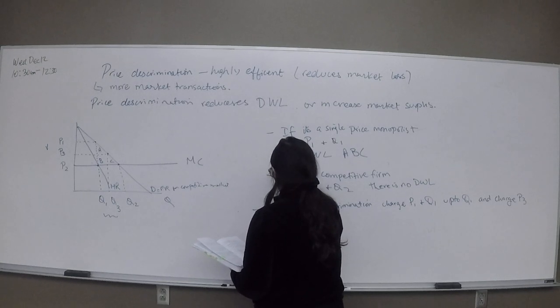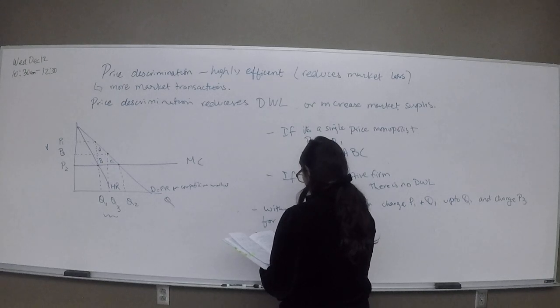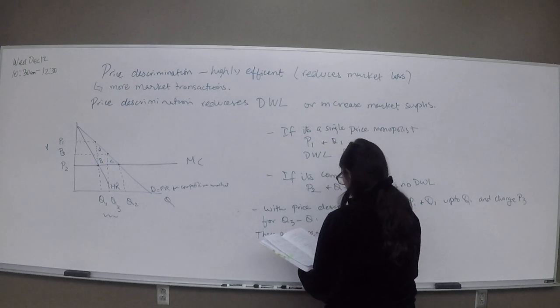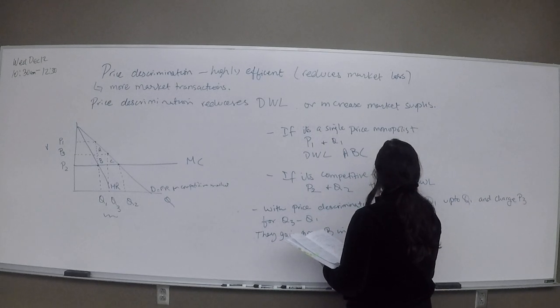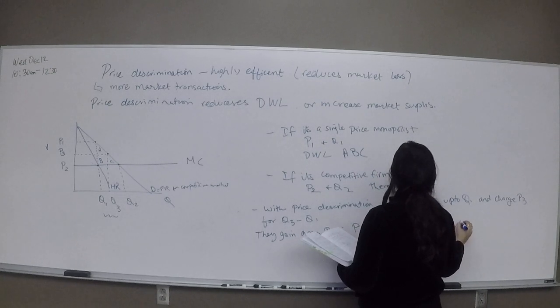They gain area B in producer surplus as a result of price discrimination.